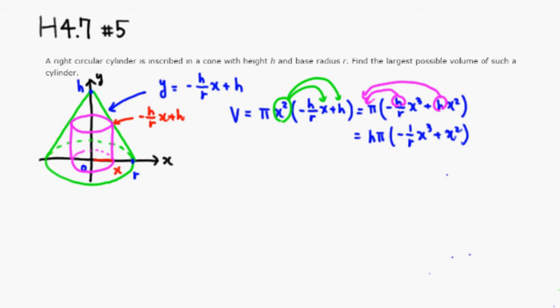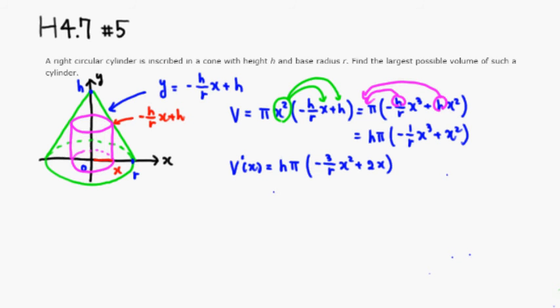This is the volume function, and we can take the derivative to find the critical numbers. H and pi are just numbers, so the derivative is h pi times negative 3 over r x squared plus 2x.